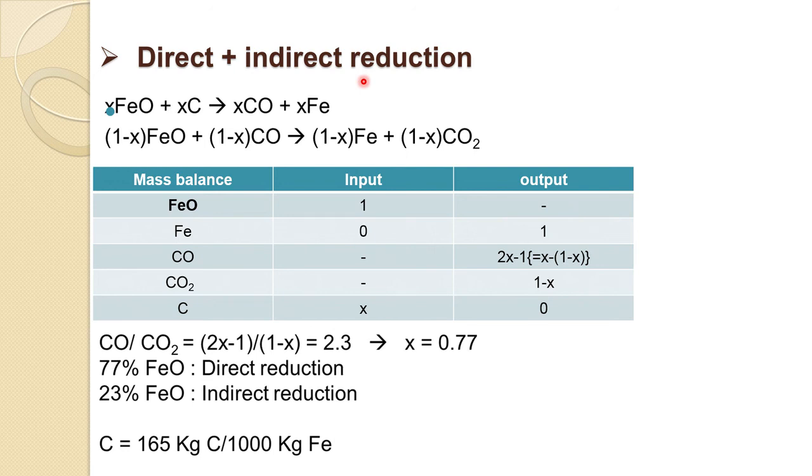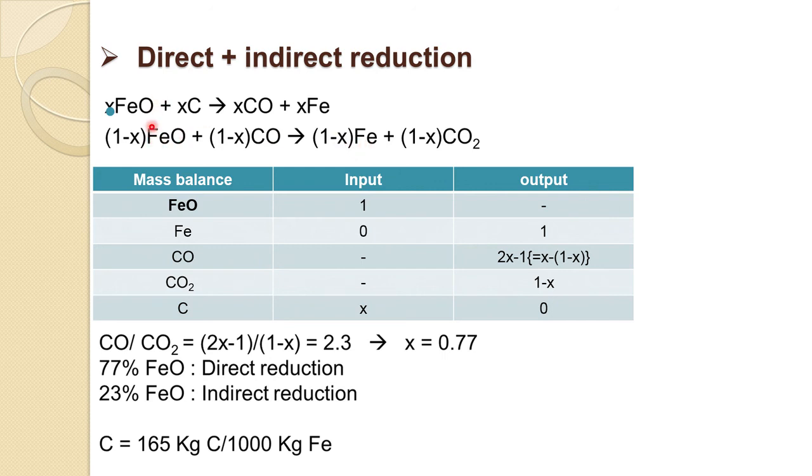So, if we say x mole of carbon is directly reducing iron oxide to iron, and the remaining of course would be your indirect reduction, that the CO would be reducing iron oxide to iron.